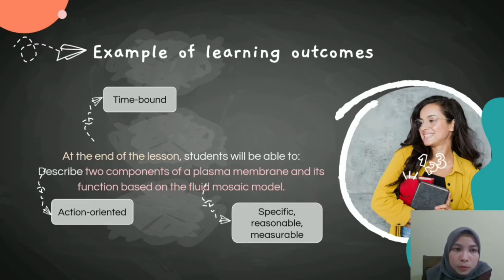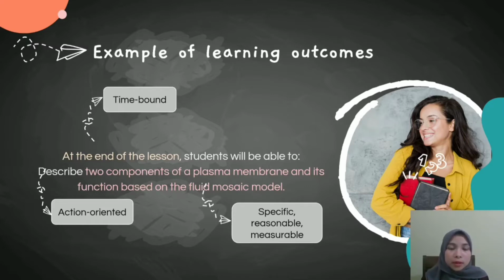Why? Because first, it is specific, measurable, attainable, relevant, and time-framed. Second, the statement describes an intended outcome. Third, it describes the intended participant, which is the students, and their performance by the end of the lesson.